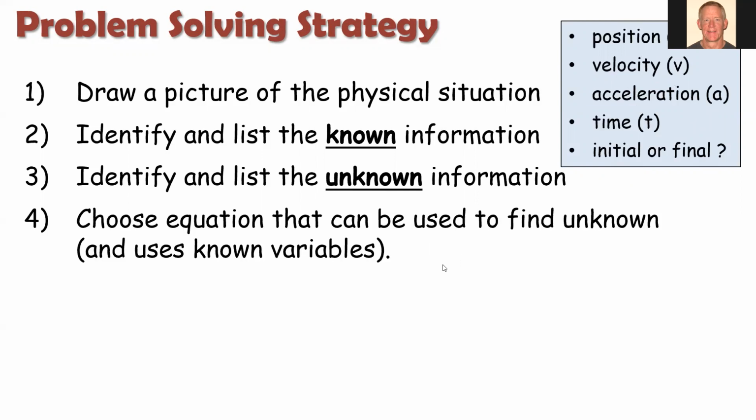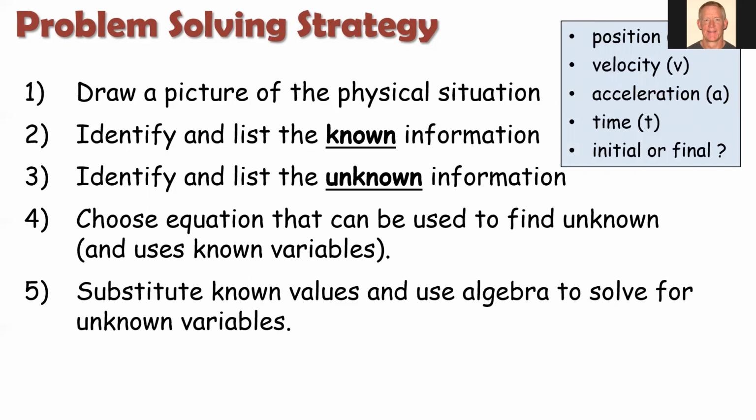Once we look at what we know and don't know, then we have to look at which equation we can use to solve for the unknown. Which equation can we plug in the known variables for and then solve for the unknown? You'll have those three equations to choose from.